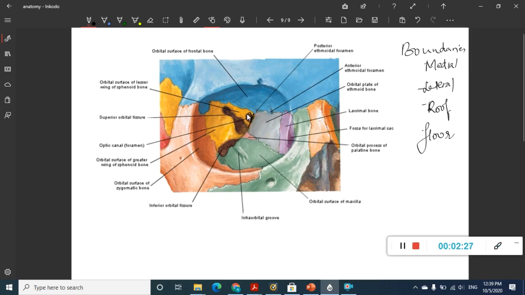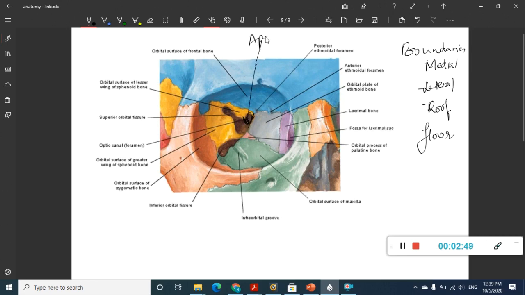Between this optic canal, this is the optic canal, I told you, right, and this superior orbital fissure, this part is called the apex.